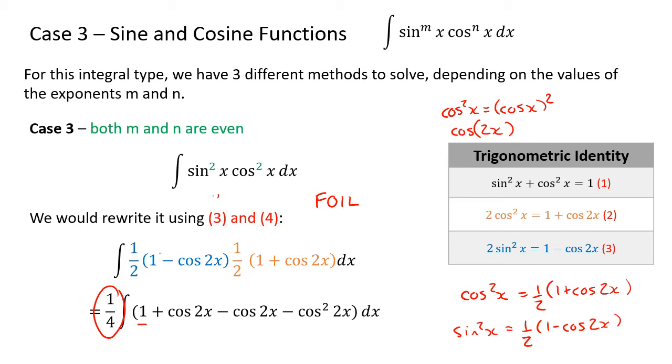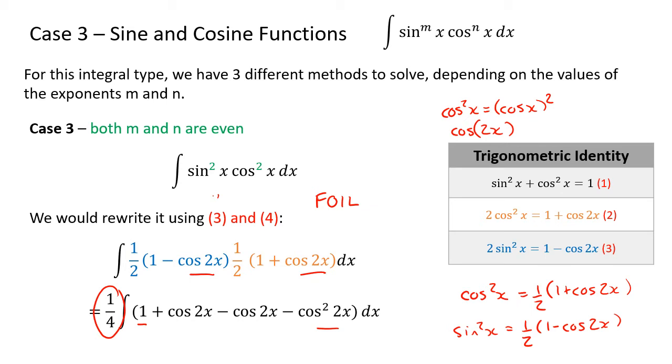The outside terms, 1 and positive cosine of 2x, give us positive cosine of 2x. The inside terms, negative cosine of 2x and positive 1, gives us negative cosine of 2x. And our last terms are negative cosine of 2x and positive cosine of 2x. That gives us negative cosine squared of 2x, because you're multiplying the two of them together.